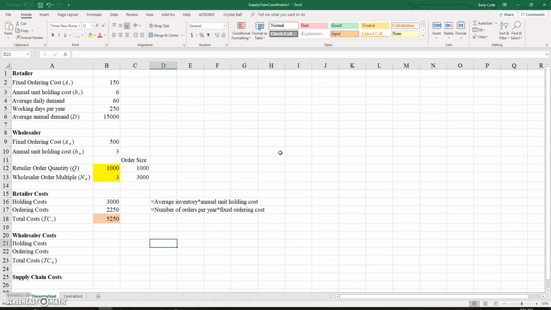The wholesaler holding costs then look very much like the retailer, except that we multiply the average inventory times N minus 1 because the first Q units are passed directly onto the retailer and never held at the wholesaler level.